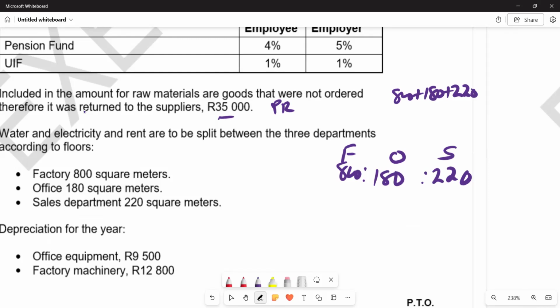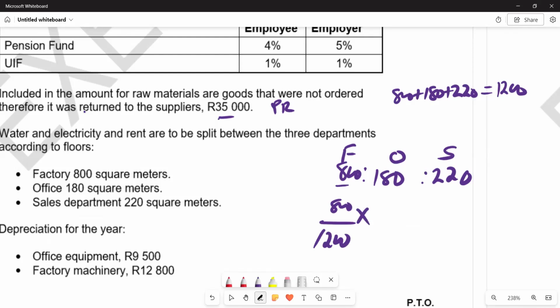So the total here is 1,200. Now for the factory, our representation is 800, so we say 800 over the total of 1,200. Then we multiply with the overhead that we are looking at.